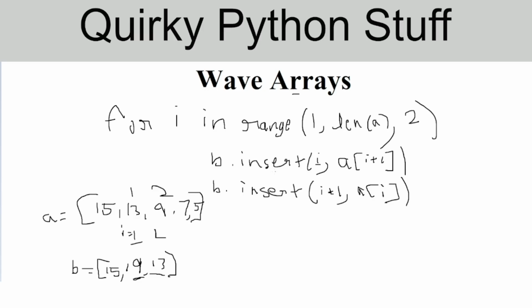And what we did, b dot insert i, which was this position of the b list, what is in a at i plus 1, which is 2, since i is 1. The value in the second position, which is 9, we put in the first position, and the same thing we did the opposite way. So this is what we iterated for the first time.